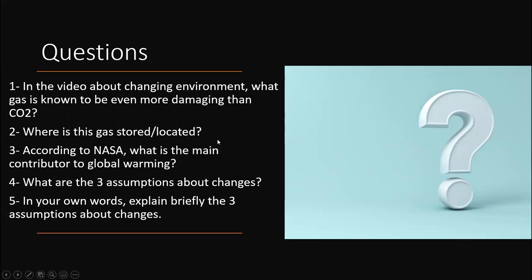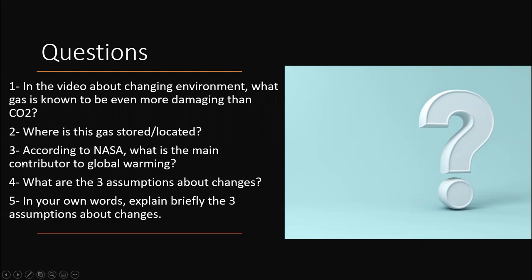Questions. In the video about the changing environment, what gas is known to be even more damaging than CO2? Where is this gas stored or located?